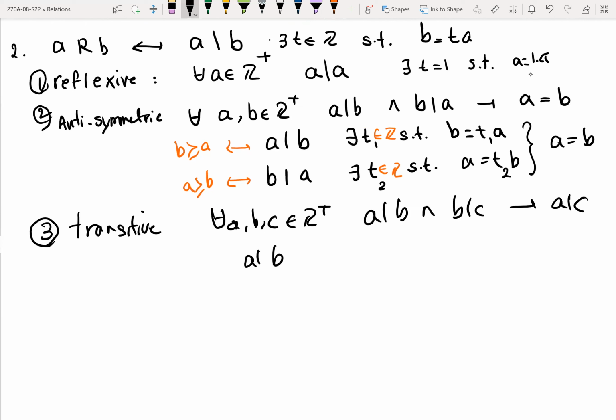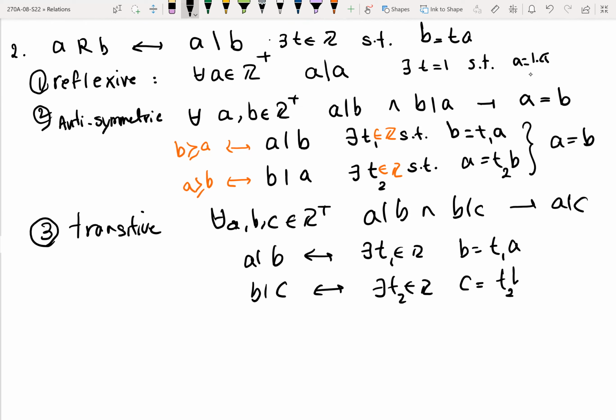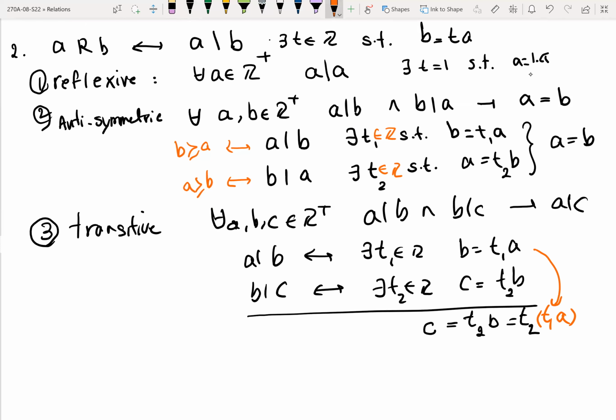A divides B is the same as there exists some integer such that B is T1 times A. B divides C means there exists an integer such that C equals T2 times B. So I'm looking to say C equals T2 times B, with B replaced by T1 times A from here.